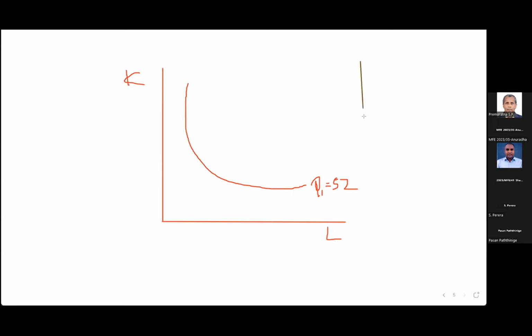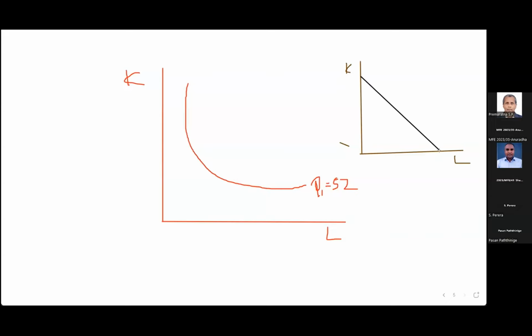Of course, we need the support of the isocost curve. So the same chart we can do, because this side is K, this is L. This is about the budget to buy capital and labor, the budget allocation.